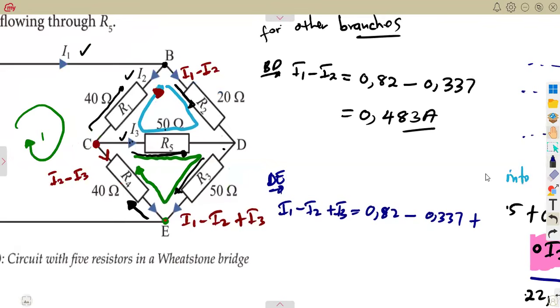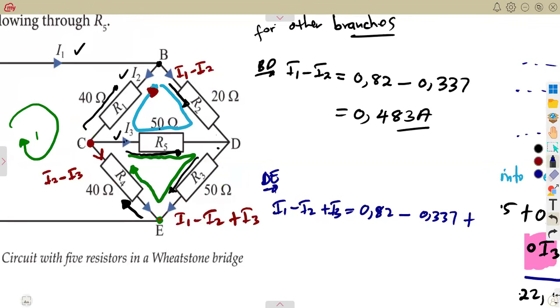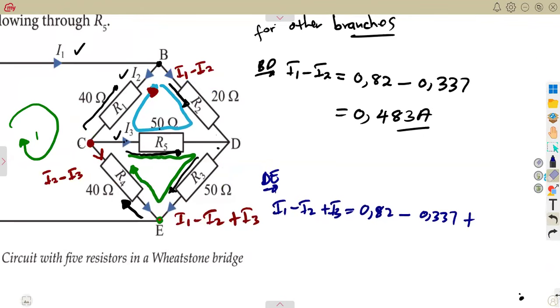I3 we got as a negative, negative 0.076. Now we can use those decimals. There's no need for us to maintain those fractions. That was going to give us 0.407 amps.